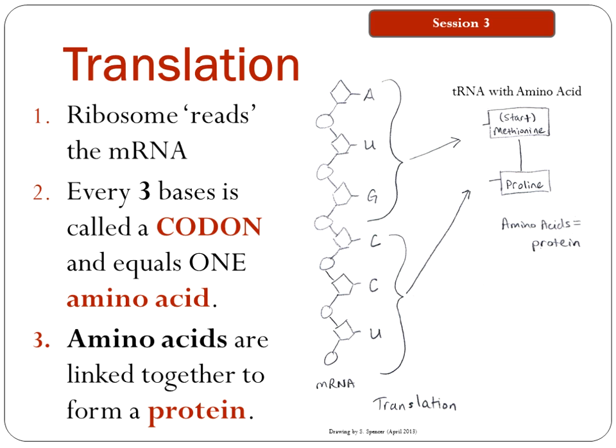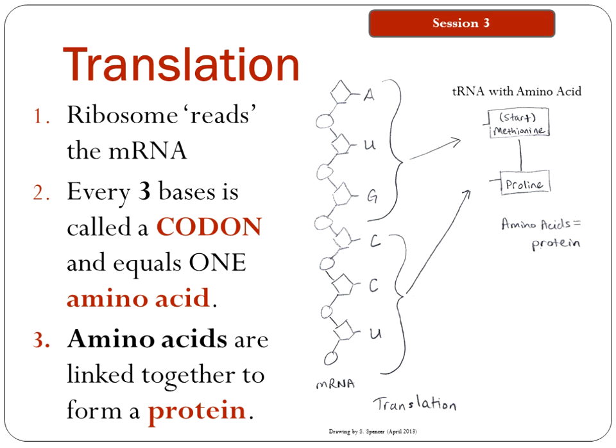Every 3 nitrogenous bases on the RNA equates to 1 amino acid or building block of a protein, okay? And each sequence has a specific amino acid that it codes for. And the messenger RNA, the ribosome is going to read and understand what those are.